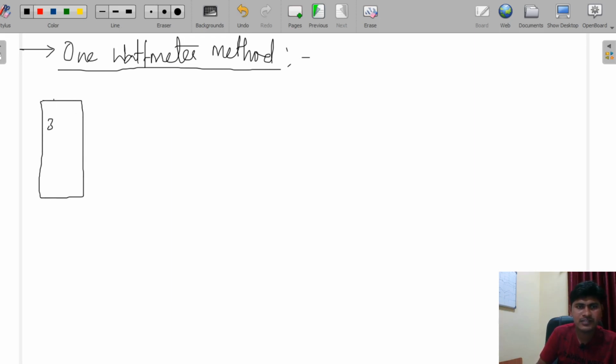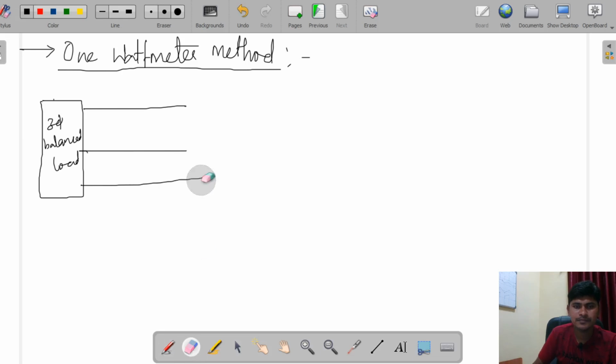This is a three phase balanced load. You're going to have three lines.